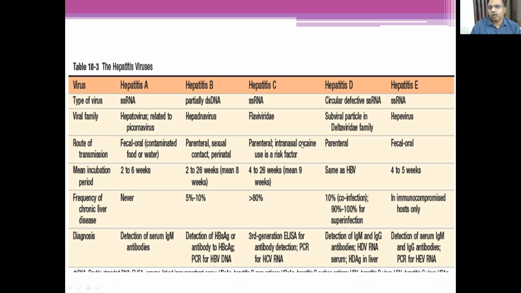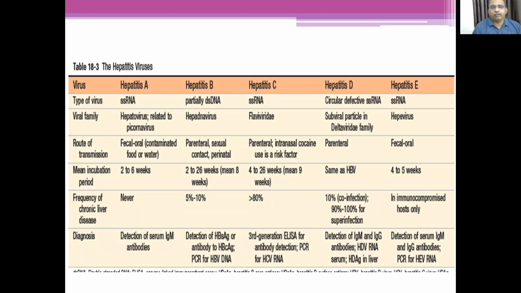Then fecal-oral transmission, that is through contaminated food and water, is seen in hepatitis A and E. Viruses that transmit through the fecal-oral route cause acute hepatitis. Viruses that are transmitted parenterally, through sexual contact, or through drugs cause chronic hepatitis.